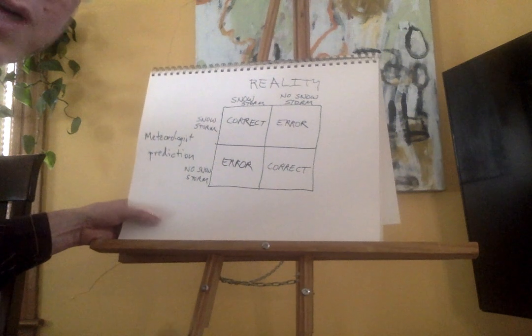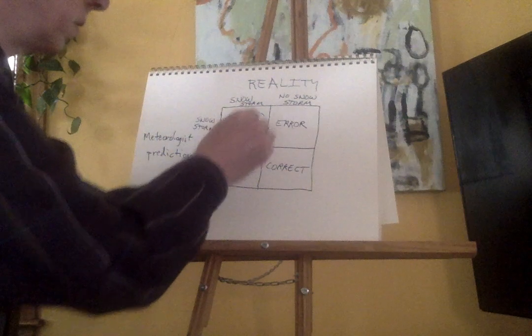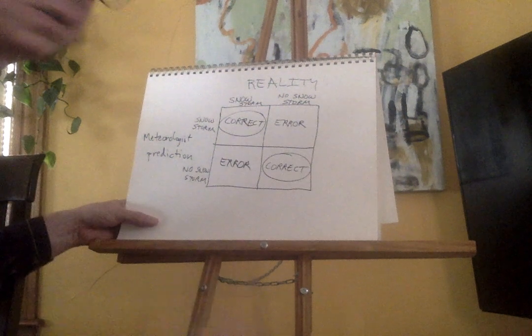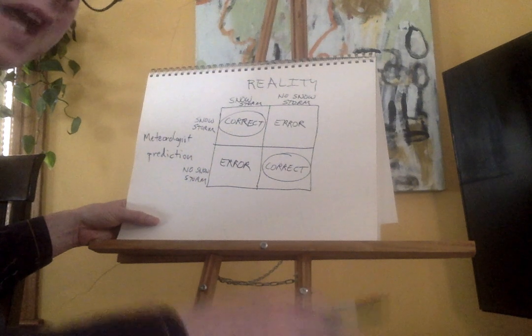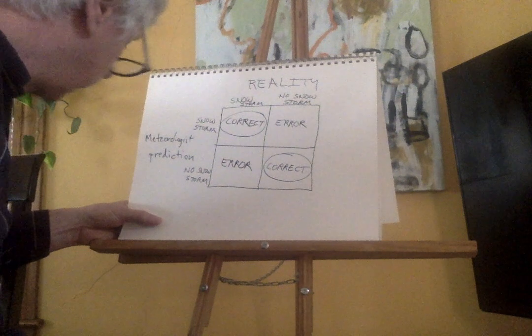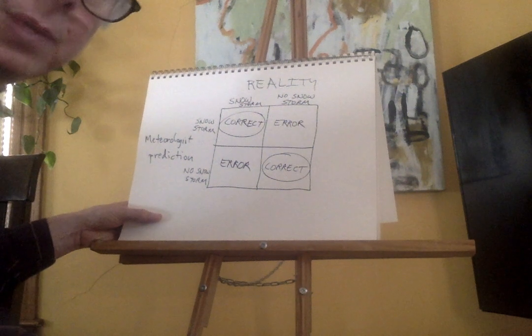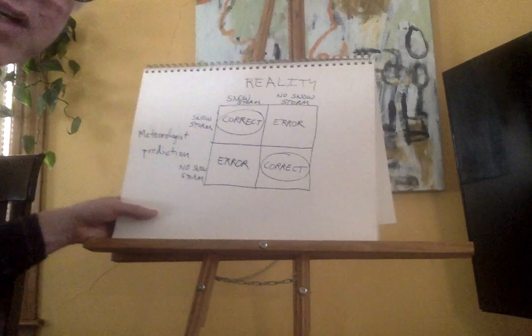Now I'm going to ask you a question here. Of course, we want to be here or here, right? Of course, we want to be correct. I want to be correct when I'm making any guesses. I want the weather person to be correct when they're making a prediction about the weather, okay? That's a given. We want them to be correct.